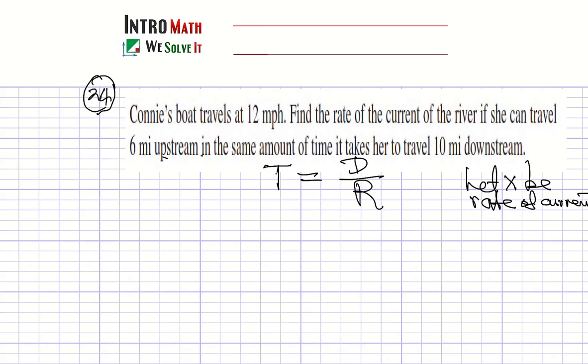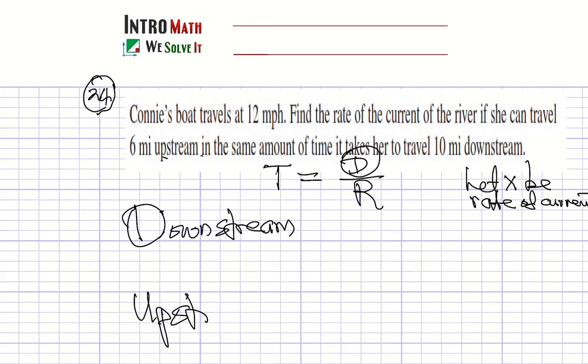And then what happens when you go downstream? The rate will help. Downstream, upstream. I don't want to abbreviate it, we get confused with that. We'll write it out. I don't want to be lazy.